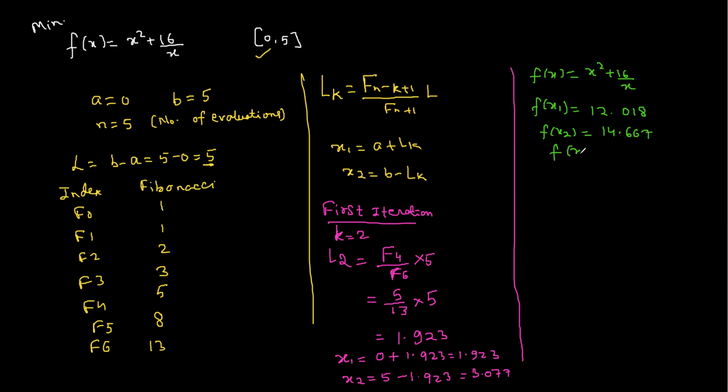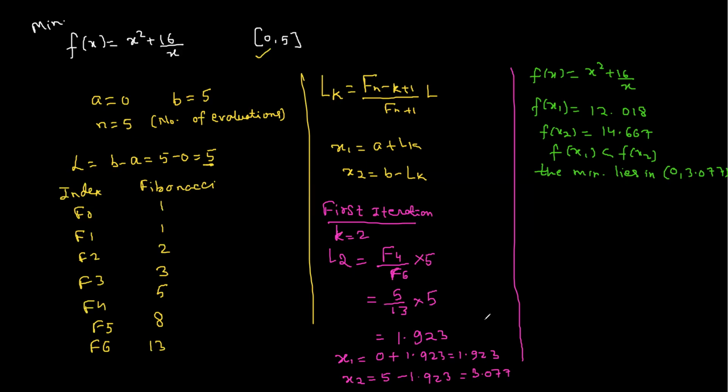You know, f(x1) is less than f(x2), right? So the minimum value lies in which interval? The minimum lies in 0 to 3.077. Understood? Not 0 to 5.